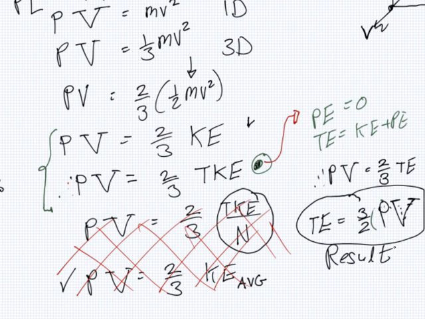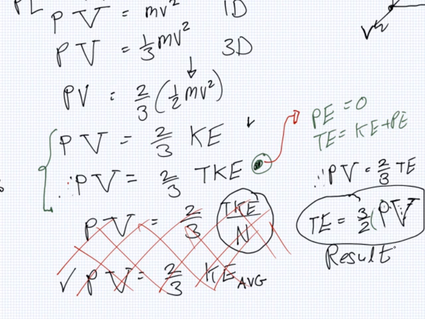It's a good thing they don't ask you to do this proof in the exam. A bit tricky, as you can see. I assume nobody has seen this proof before. New proof? New, yeah. V equals volume. P equals pressure. And total energy is just kinetic energy.